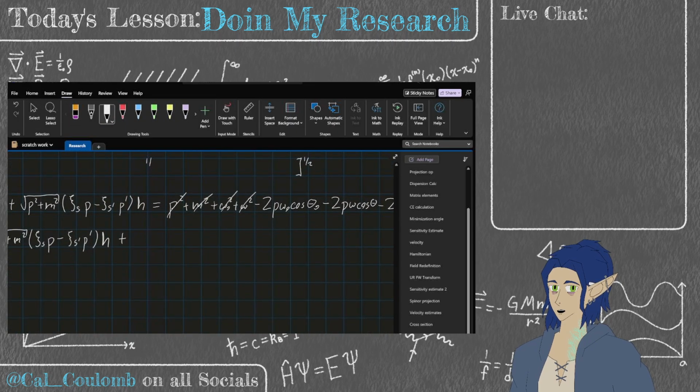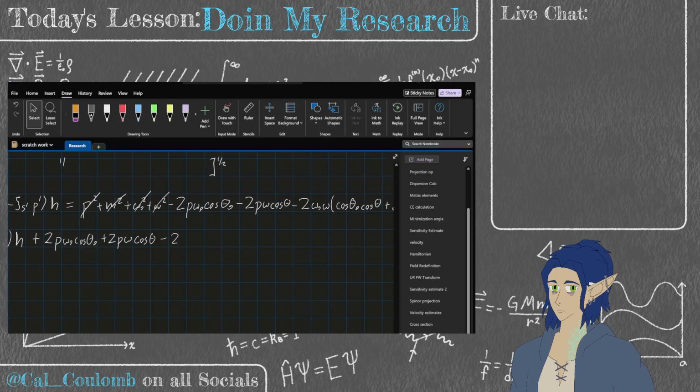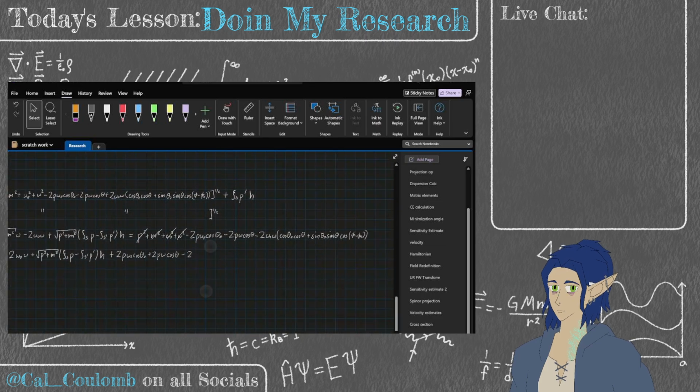We want to move everything over to the other side. So plus 2p omega naught cosine theta naught plus 2p omega cosine theta minus 2... should that be plus?